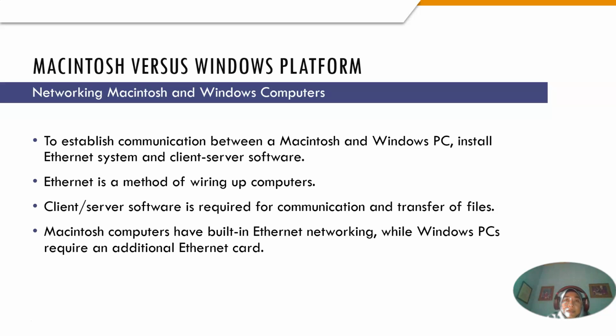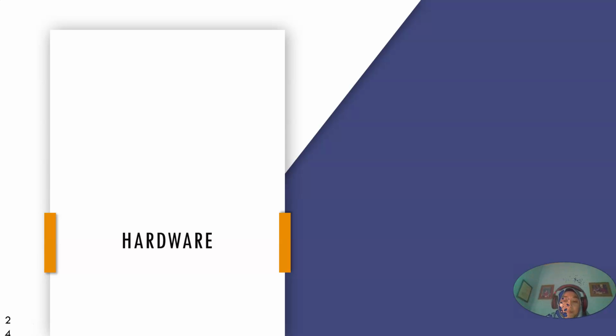Software here means how you send, for example, email. If I want to send messages through email, what is the application here that we use? It is email. We also have Mac computers with built-in internetworking, while Windows PCs require an additional Ethernet card.